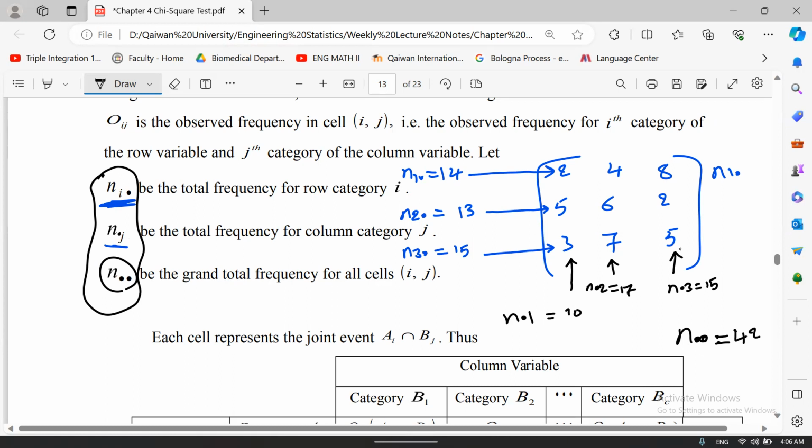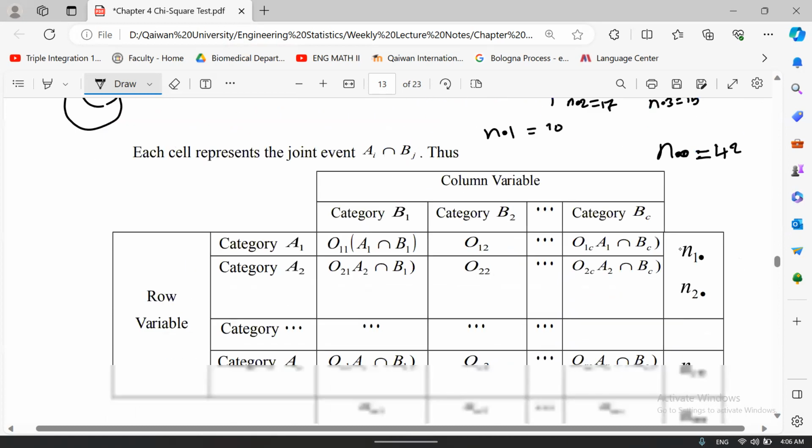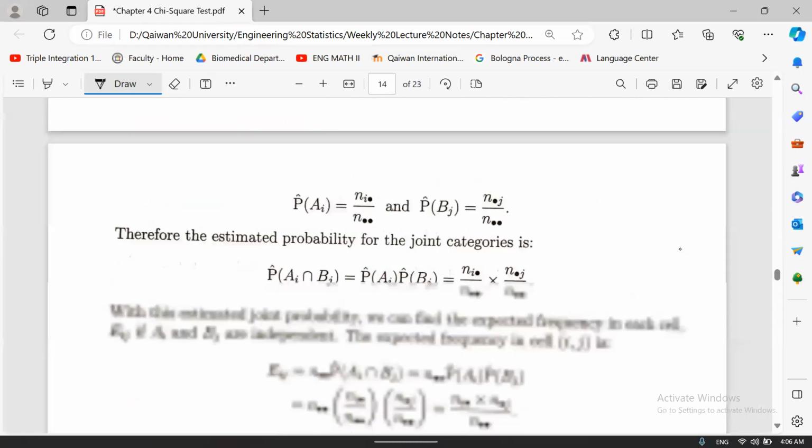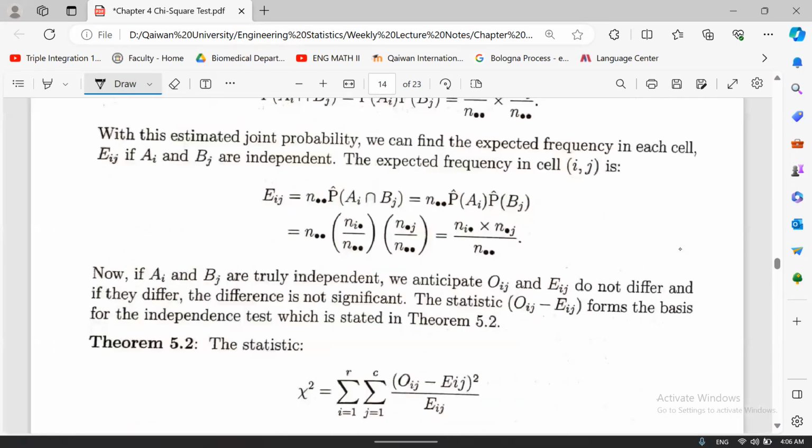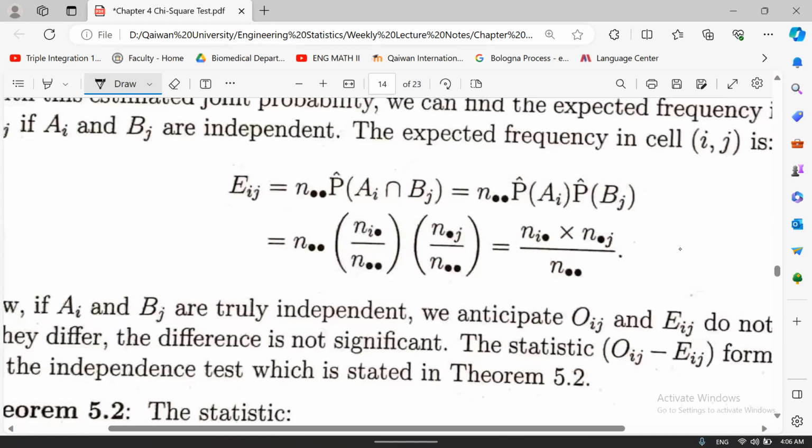Look, for calculating the expected frequency for E11, let's say, E11 is equal to N1 dot times N dot 1, dividing by N double dot. We already found these, okay?